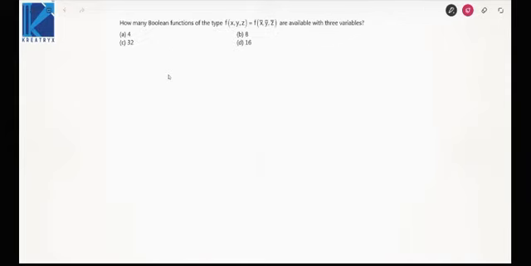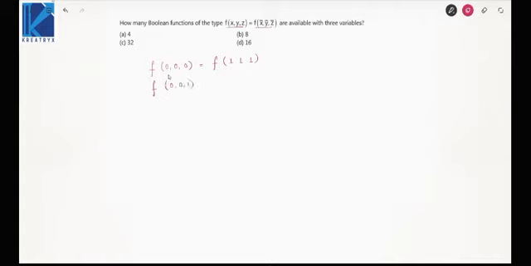Next, how many Boolean functions of the type f(x, y, z) equal to f(x bar, y bar, z bar)? Now, if these two functions are equal, that means if you keep function as 0, 0, 0, it should also be equal to 1, 1, 1.